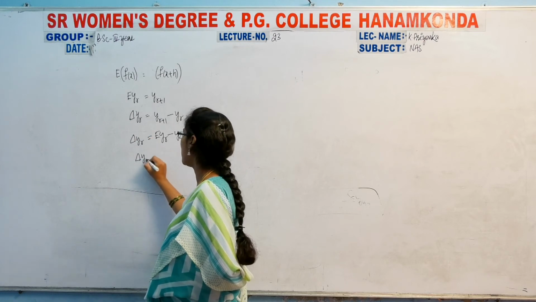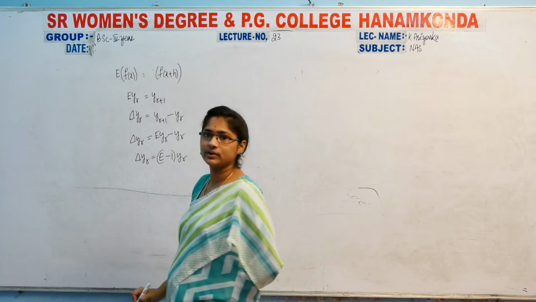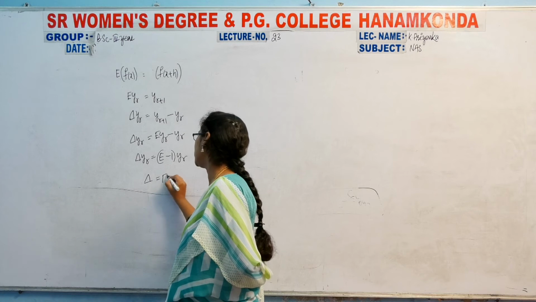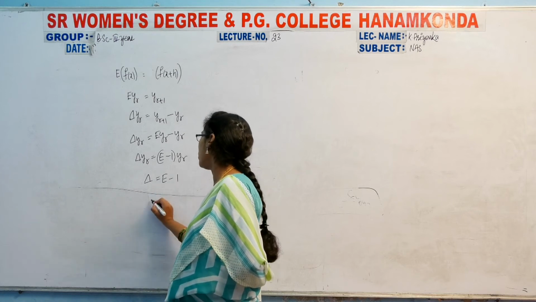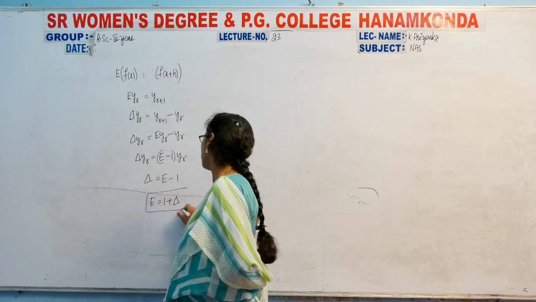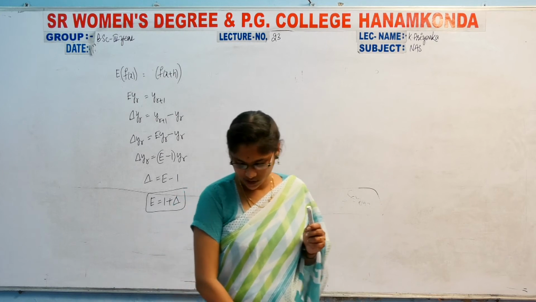Now delta y r is equal to E minus 1 of y r. Now y r gets cancelled, then delta is equal to E minus 1. Therefore, E is equal to 1 plus delta. We prove the two results. This is nothing but the proof for the above result.